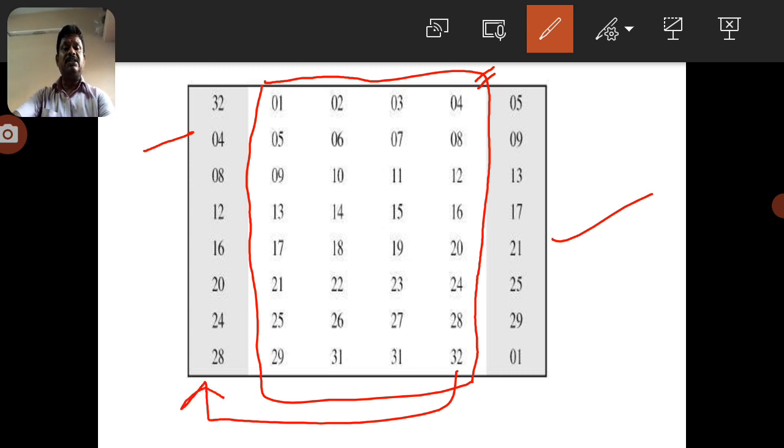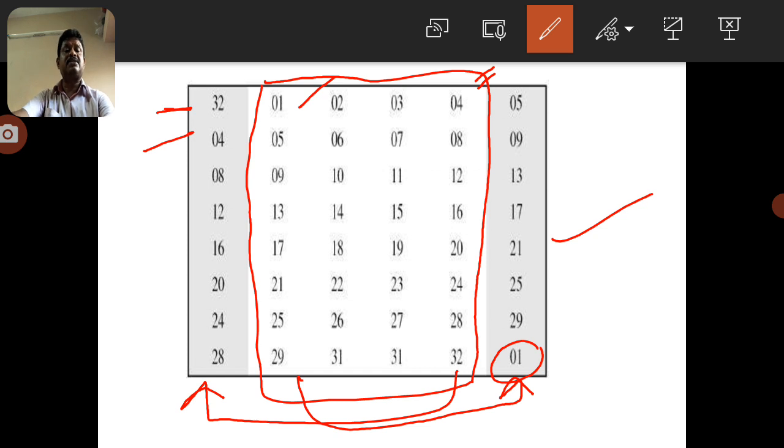So 32 is the last bit and here you take it as the first bit, and the remaining are the same: 4, 8, 12, 16, 20, 24, 28. And the first bit in the first column is taken in the last column, so in a different order. The starting number 1 is put here as the ending number.